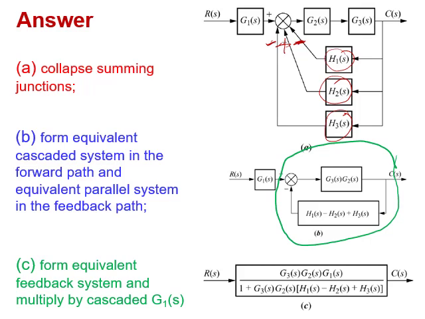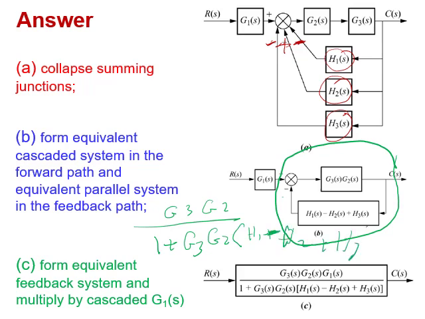It's going to be equal to G3 into G2 over 1 plus, because this is minus, so here plus, G3 into G2 into this block, H1 minus H2 plus H3. So this is all going to be whatever is inside this block.